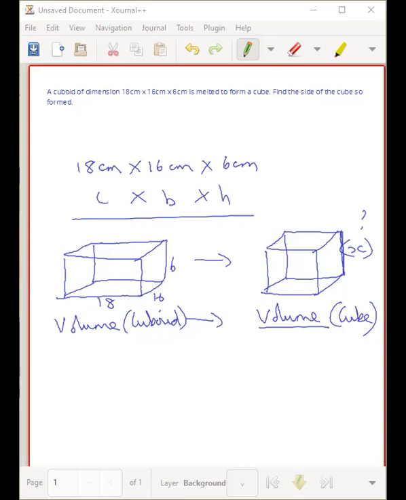Last 1 minute, everyone. Rest of you send me your answers quickly. Rishima, are you getting the answer? Krishna? Akriti, Aryan?